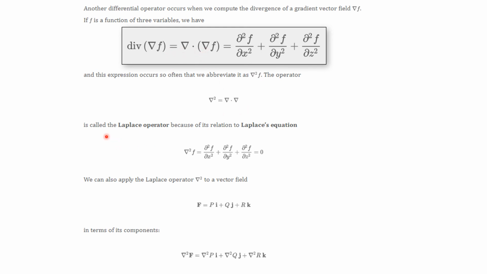But this is also called, it's very important in applied math, the Laplacian operator, because it has a close relationship to Laplace's equation in partial differential equations. And we'll study that, well, you will study that later in your engineering life. We can apply Laplace's operator to a vector field, P in the i direction, Q in the j direction, and R in the k direction, and notice that it applies to each of the coefficients separately. You should be able to prove this.